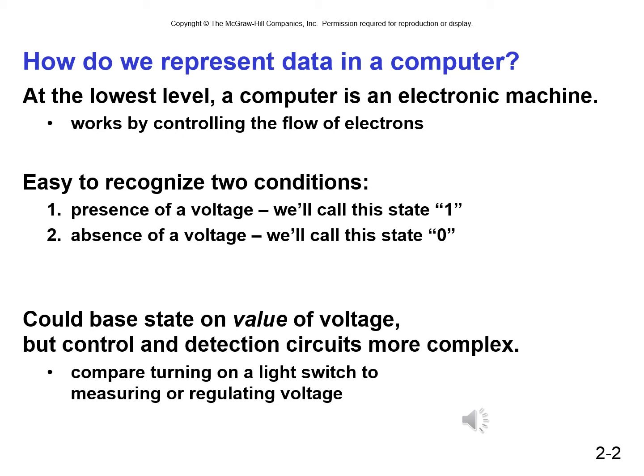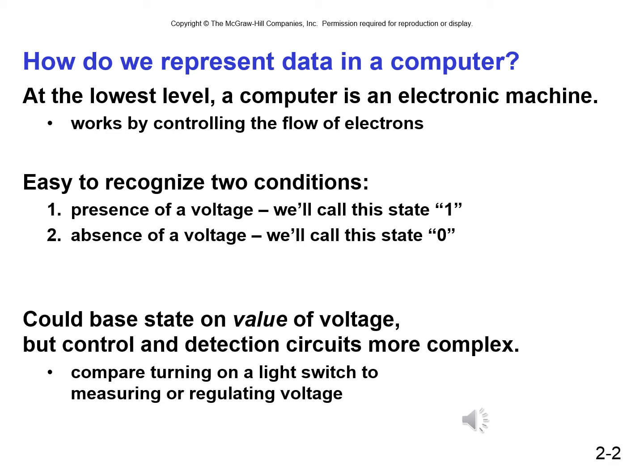So, how do we represent data in a computer? At the end of the day, a computer, a microprocessor, at the smallest level of detail, only understands that a circuit is charged or it's not.